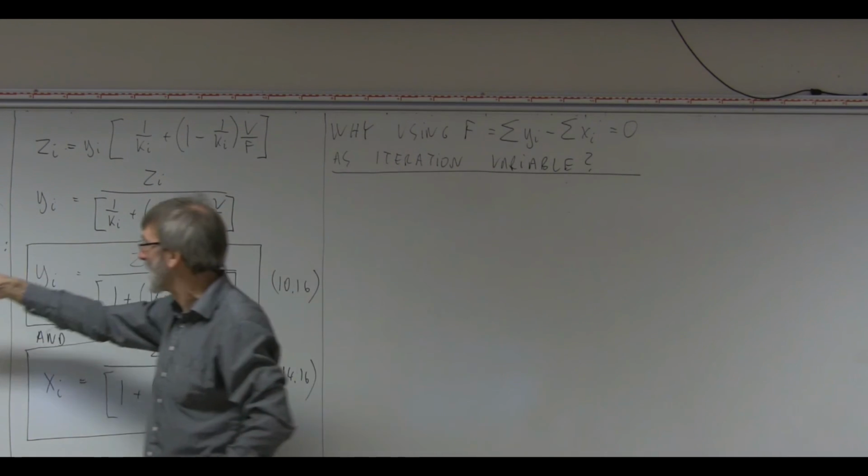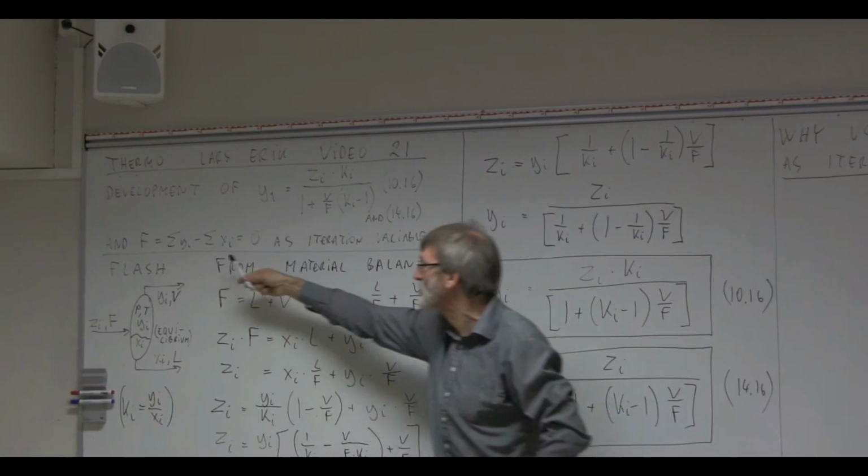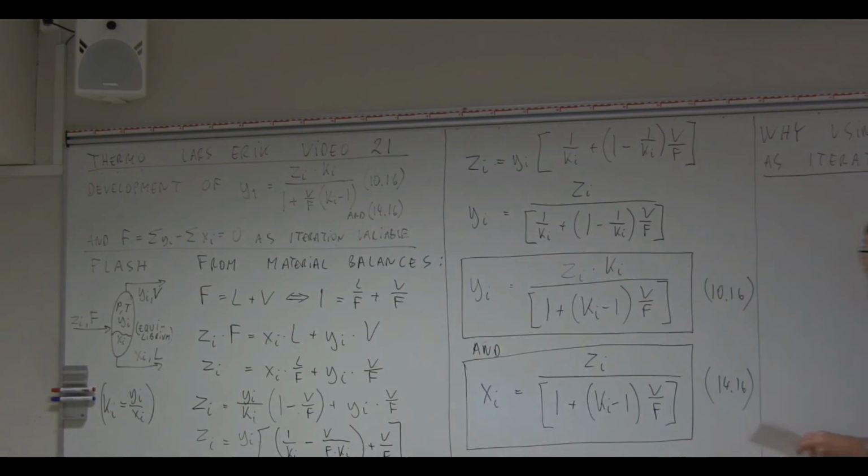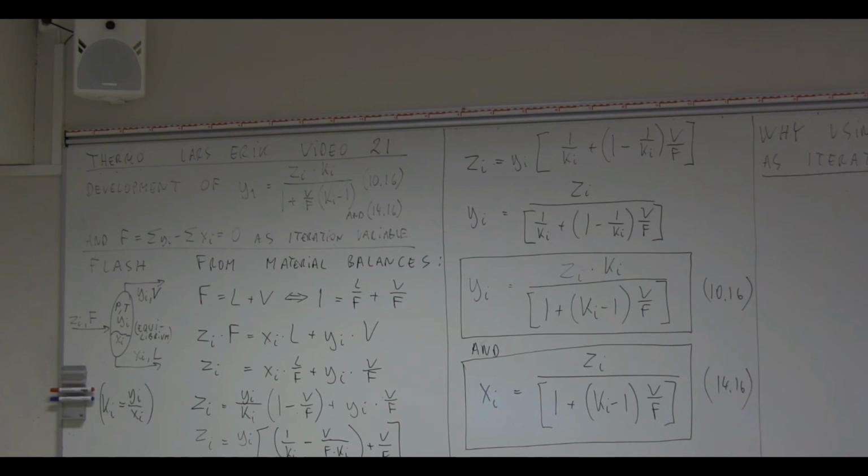The topic is that we use this function, the sum of y's minus the sum of x's equal to 0, as an iteration variable.